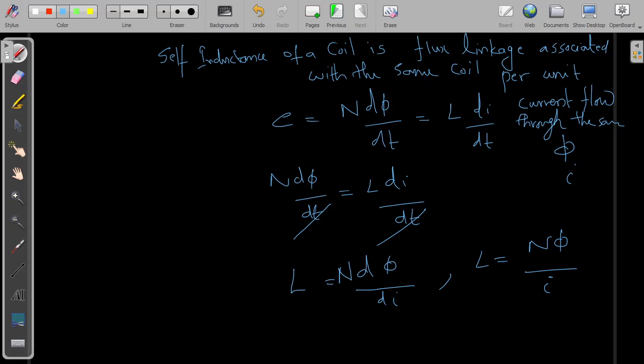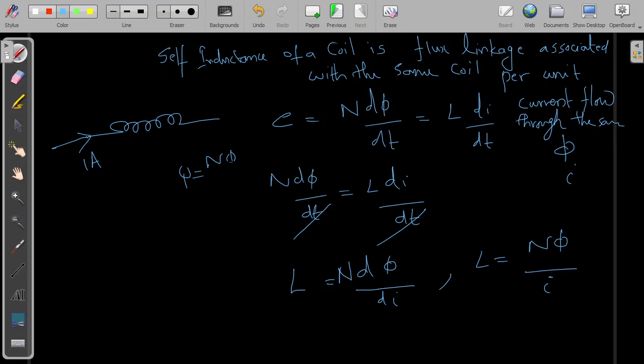If you consider a coil like this, and you pass a 1 ampere current through this coil, then first of all a magnetomotive force will be developed in this coil, and by mmf divided by reluctance a flux will be developed, and this flux will be linking the total number of turns of the coil, that is N phi.